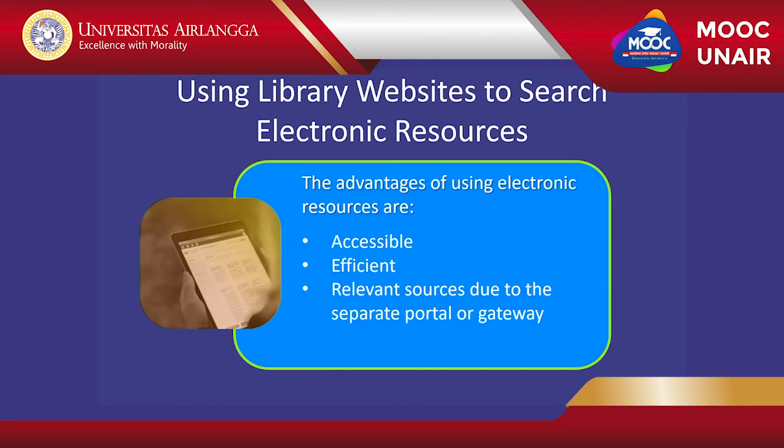They are efficient because you can just type in what you're searching for and relevant information will emerge, and you can find the information you need from different types of portals, gateways, and websites.